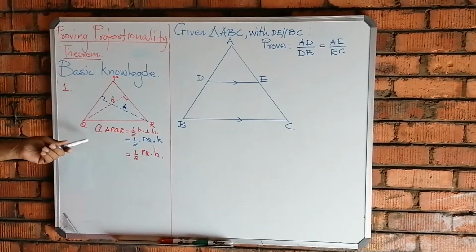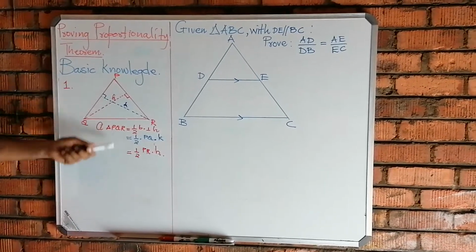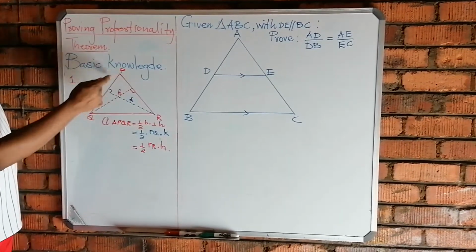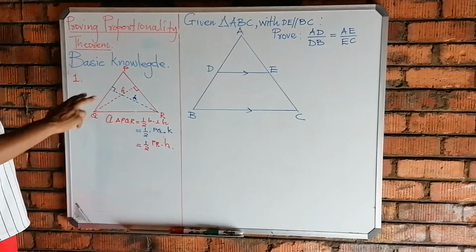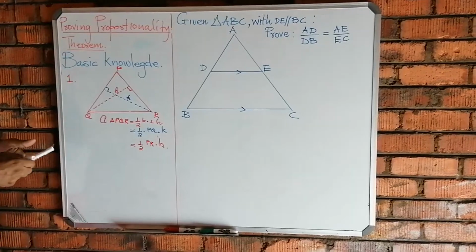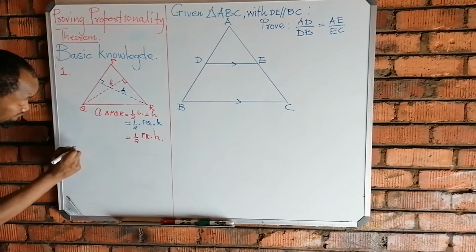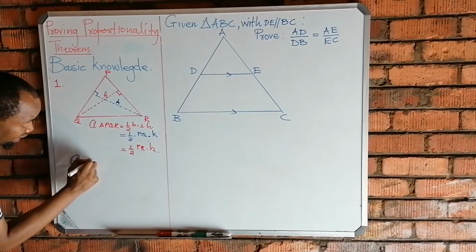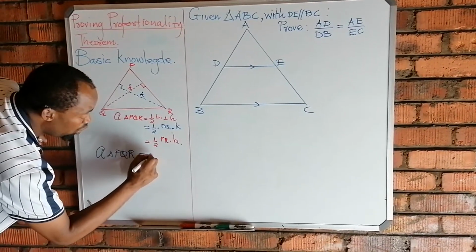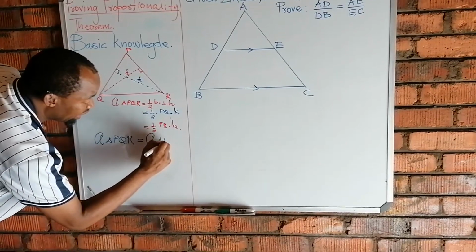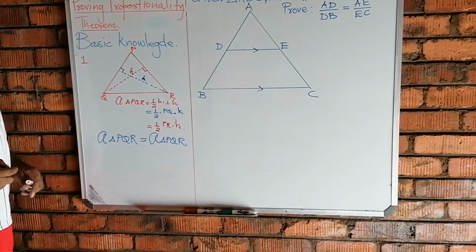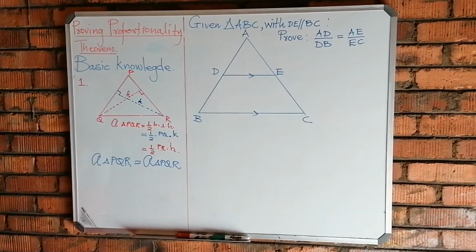Now, the knowledge that you need to take from this is the fact that the area of this triangle, irrespective of the height, does not change. It remains the same. What I'm saying now is area of triangle PQR will always be area of triangle PQR, because we have the common triangle.